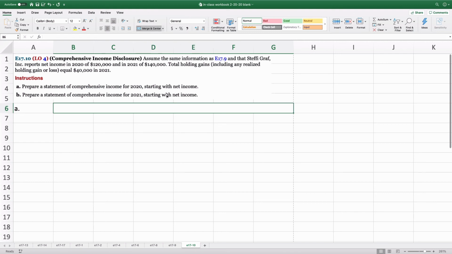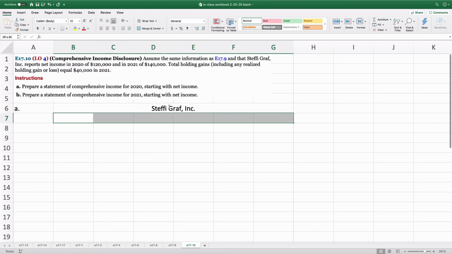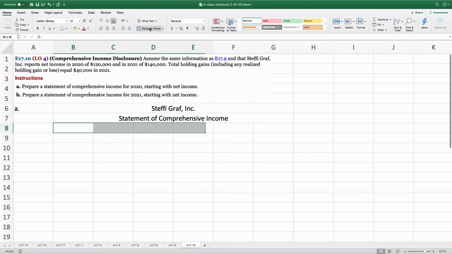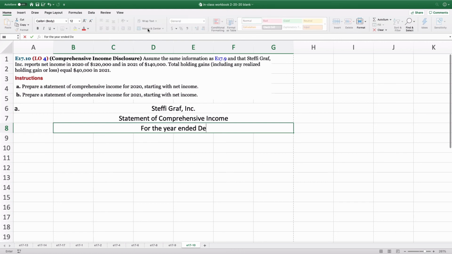Steffi Graf Inc. statement of comprehensive income for the year ended December 31, 2020.